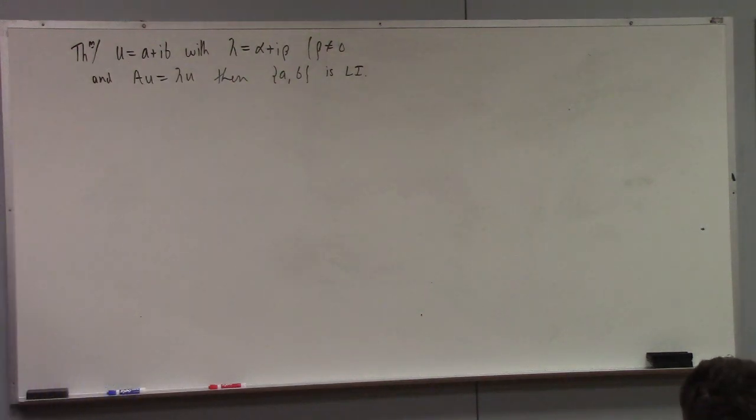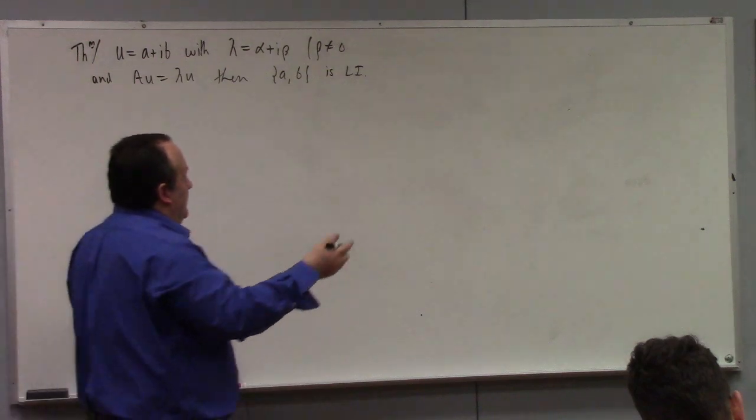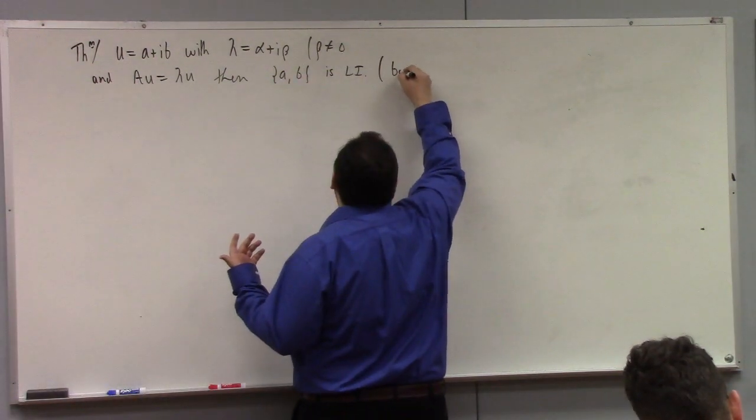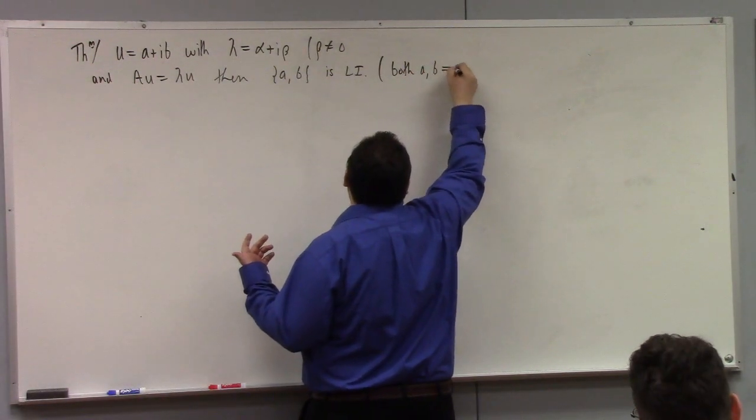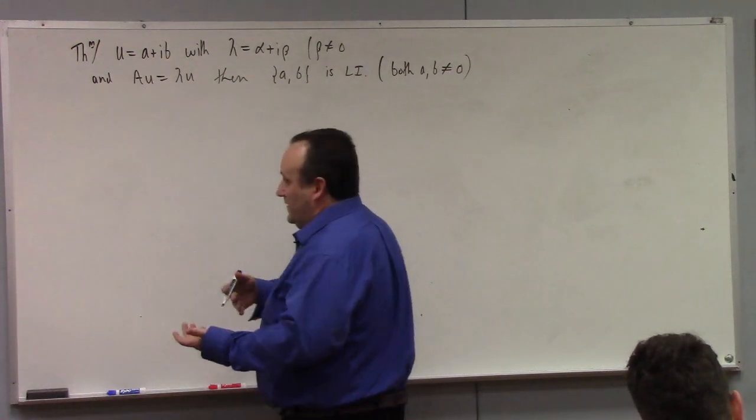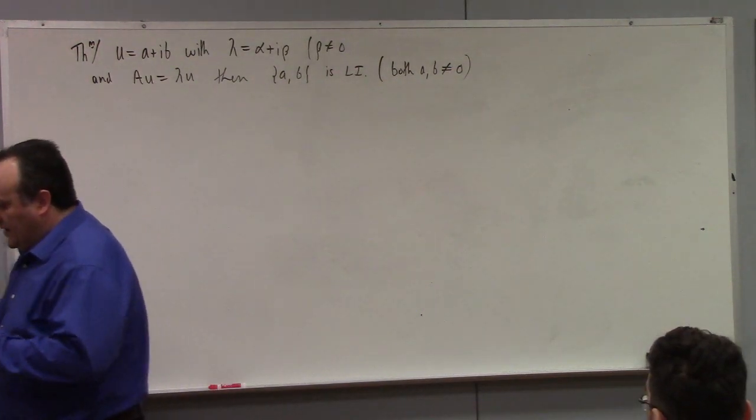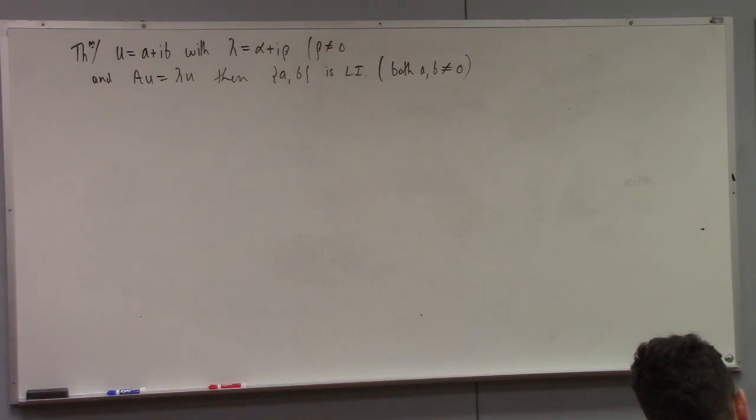And also, among other things, that means that both a and b are not equal to 0. It's more than that. The real and imaginary part of a complex eigenvector cannot be linearly dependent. All right, this is proved in the notes. I won't do it here. But that's useful.